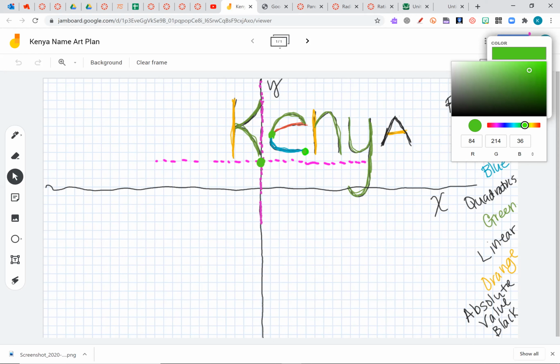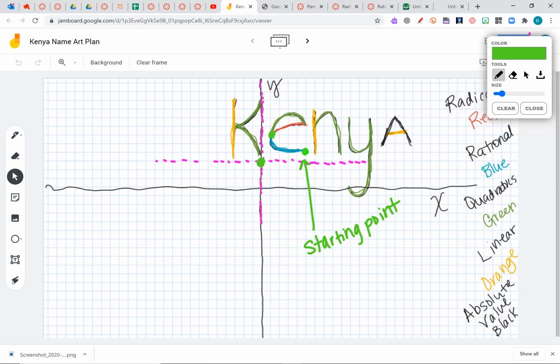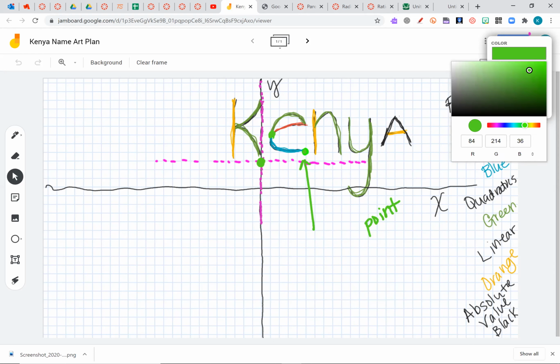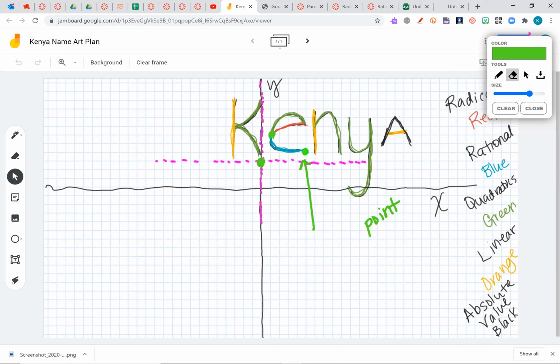So we're going to use this endpoint as a starting point. Well, let's just use it as an endpoint, because remember the center is going to be what we just found, right?